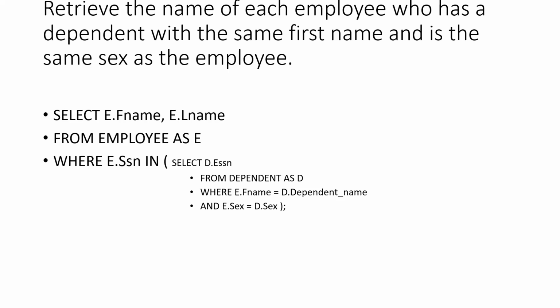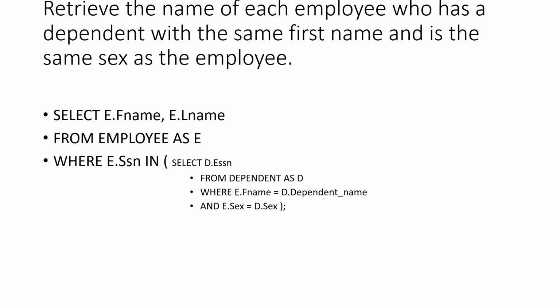So first we select the employee SSN from the dependent table, that is select D dot ESSN from dependent as D, where E dot first name, E being the alias given to the employee table, is equal to D dot dependent name, and the sex should also be equal, that is E dot sex is equal to D dot sex.